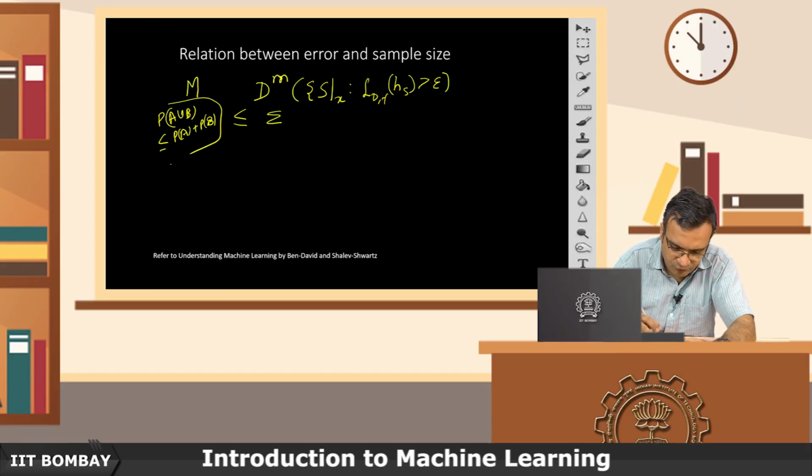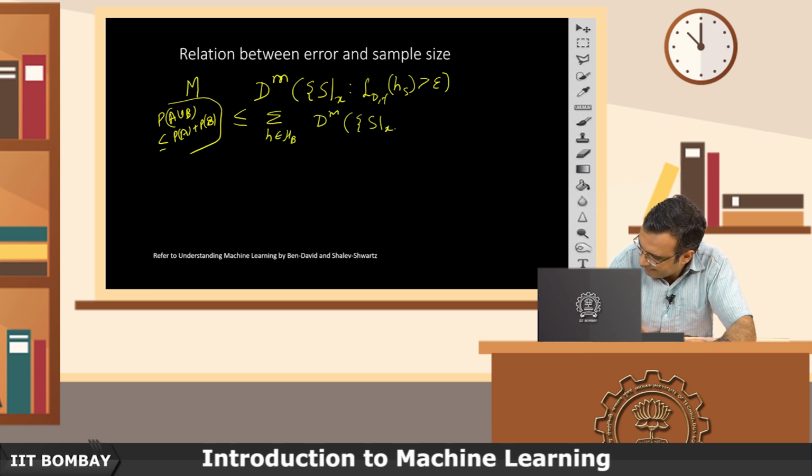So using this property, what we can say is that this is going to be less than or equal to the sum over all hypotheses that belong to the bad hypotheses, D to the power M of S drawn from X such that the empirical loss is 0. Now this second term we can write as a product, because this was based on IID samples.